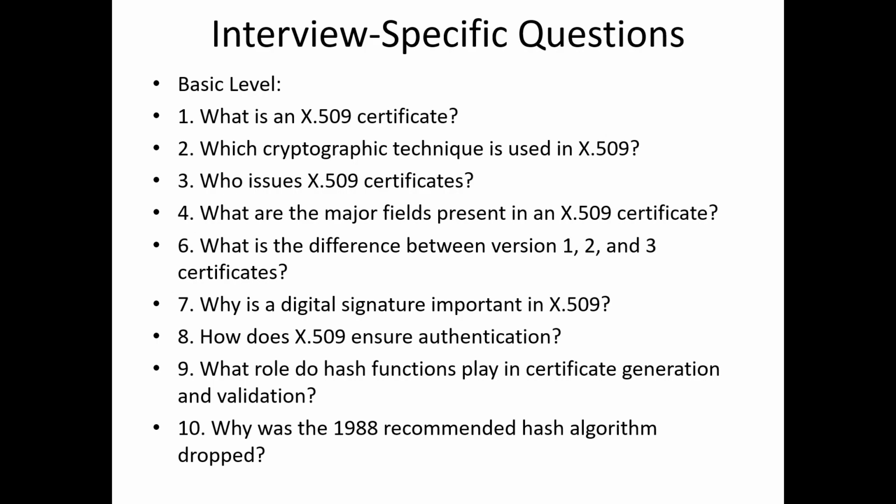The next question is, why is the digital signature important in X.509? Does anyone know? It is important because the digital signature ensures that the certificate was issued by a trusted certification authority and its contents have not been tampered with. It provides authenticity and integrity. How does X.509 ensure authentication?